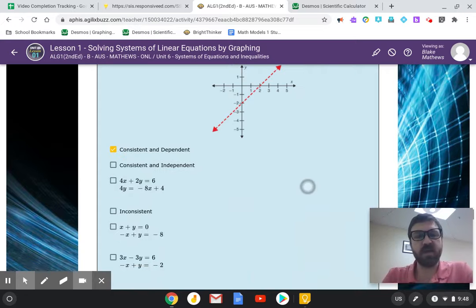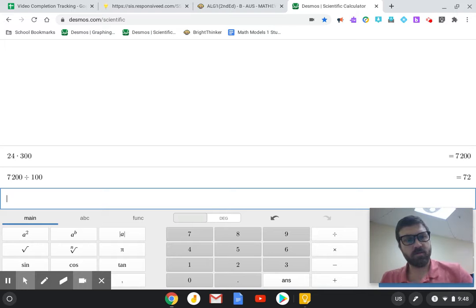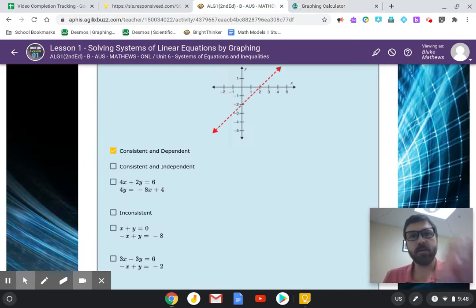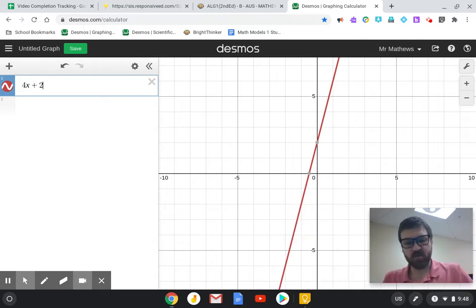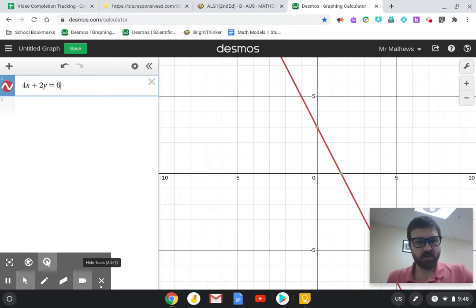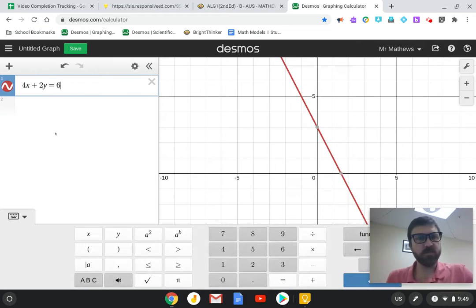But then the question is, how do I know which one of these equations it is? So this is where we're going to use our graphing utility. We're going to use Desmos, and I'm going to type these 2 equations in and see if it looks like that. So let's go to graphing. First one, I have 4x plus 2y equals 6. There it is.